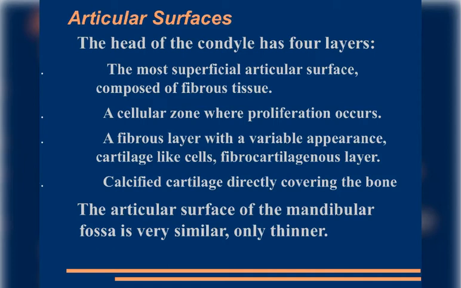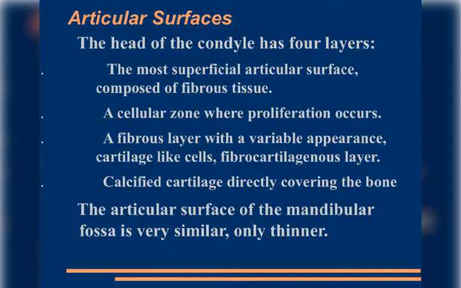So the most superficial part of the articular surface of the condyle is fibrous tissue. It's basically collagen fibers and fibroblasts. Not many fibroblasts. The majority is just collagen fibers.